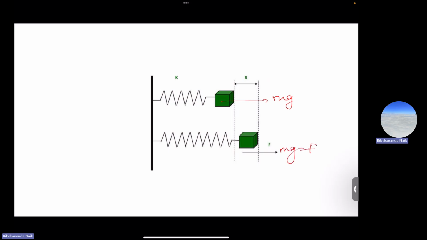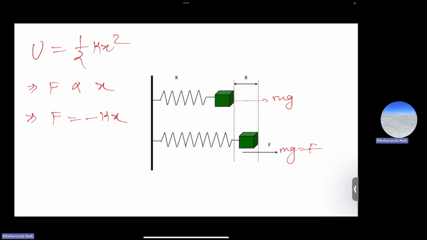When this force is applied, the elongation produced is x, and we know the potential energy U is given by half kx square, because x is directly proportional to F, and F is equal to minus kx.